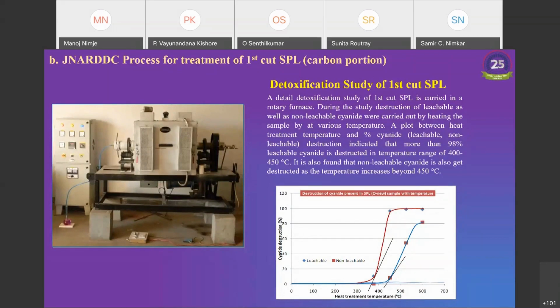During the development of the process, detailed lab scale as well as bench scale studies were carried out at JNARDDC using first cut SPL from an Indian smelter plant. The study comprises detoxification of first cut SPL, recovery of caustic, that is NaOH, and fluoride, that is calcium fluoride, by leaching process, and the recovery of carbon value with high gross calorific value.